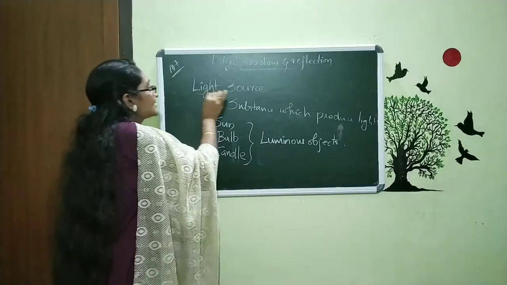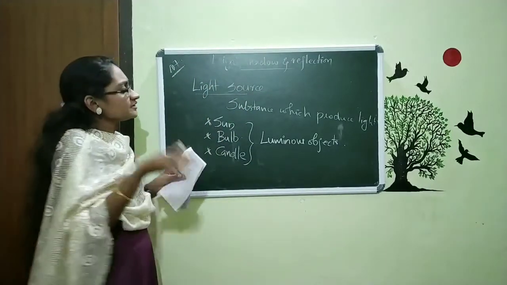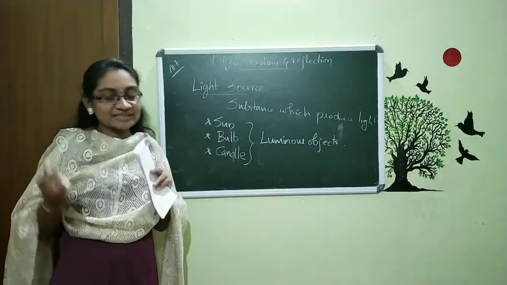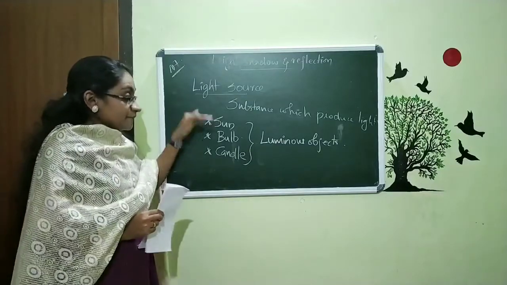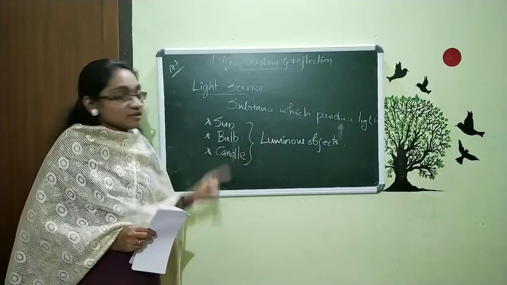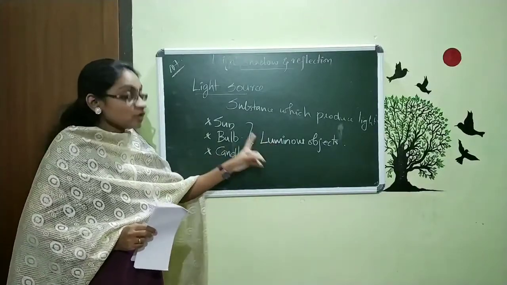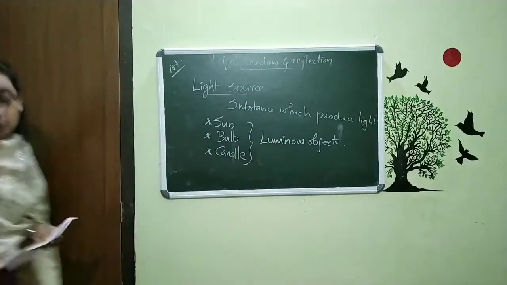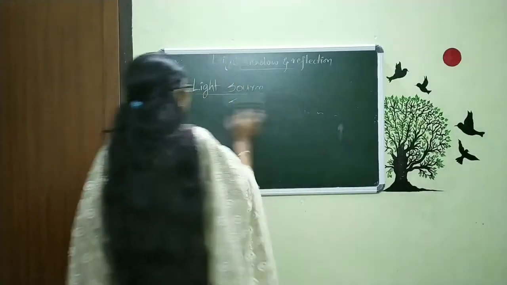I am not saying a light source is always a source producing light by its own. It can also give light with the help of another source. That means the reflection and all we will discuss later. So sun, bulb, candle are all luminous objects. You want to remember this term luminous object and also study the definition of luminous objects. So first we are going to study what luminous objects are.